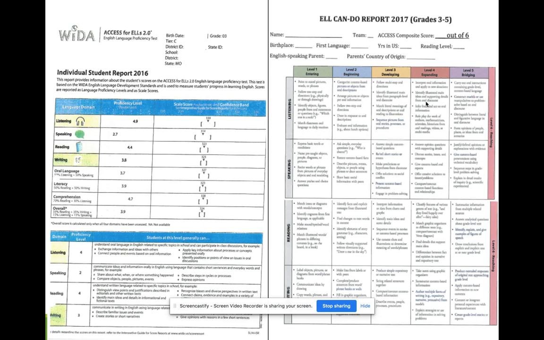They're better readers of fiction. They can identify illustrated main ideas. And so they can do all of those things that a 4 can do and some of the things that a 5 can do. For speaking 2.7, that's more along this line.